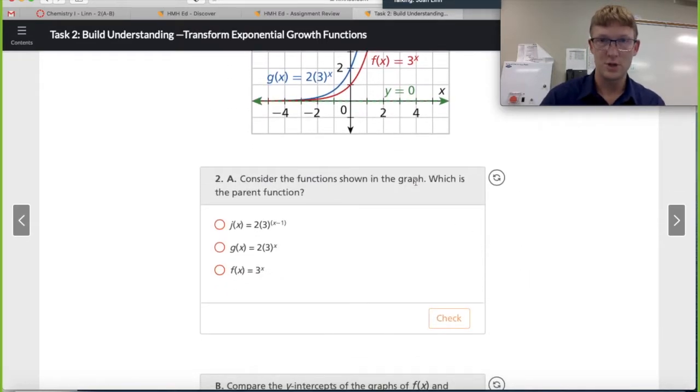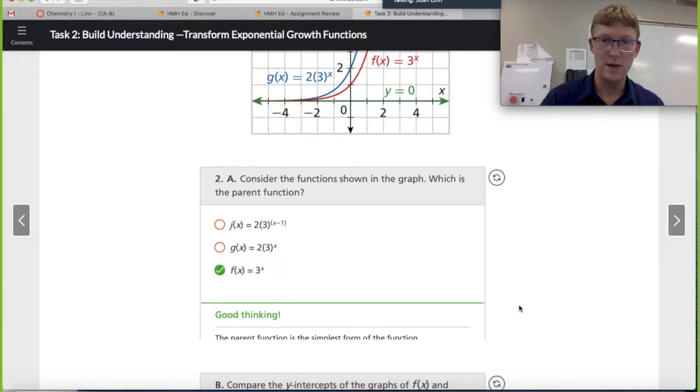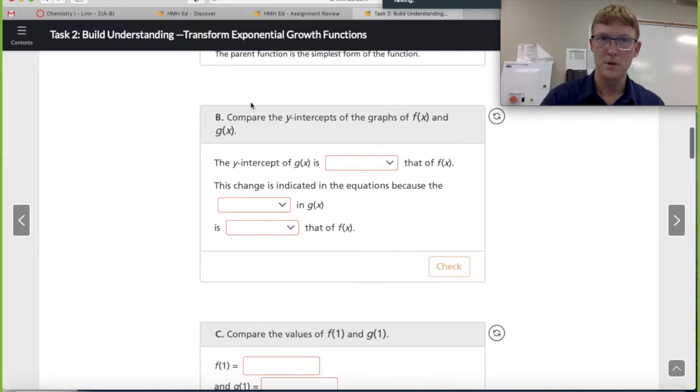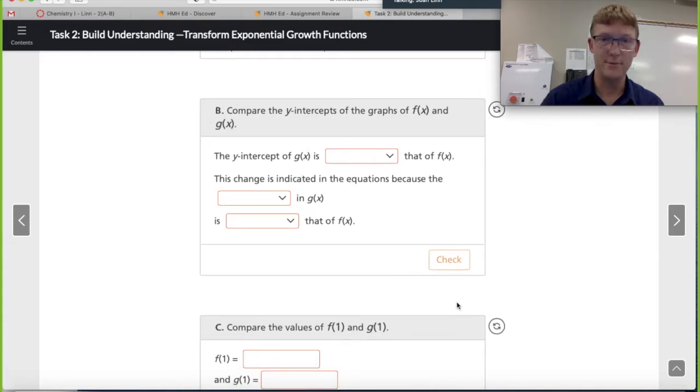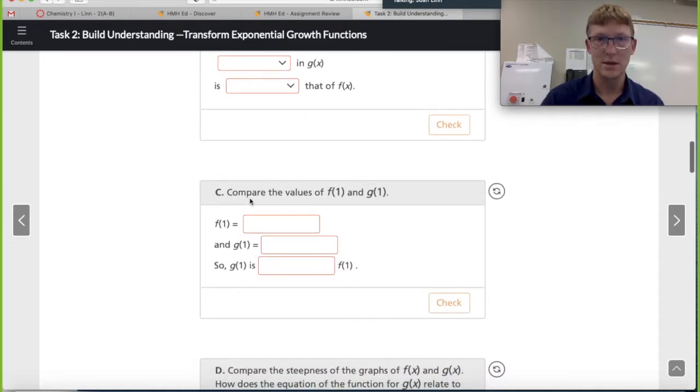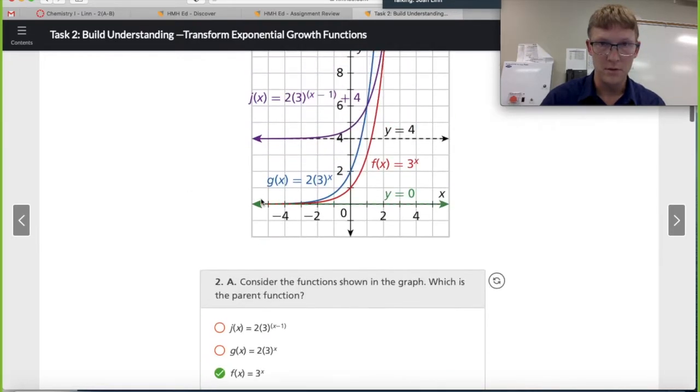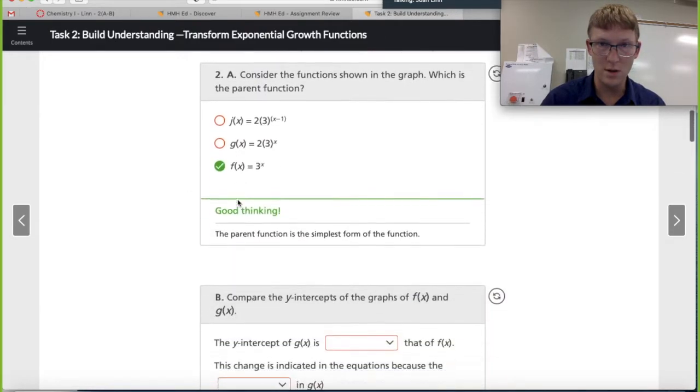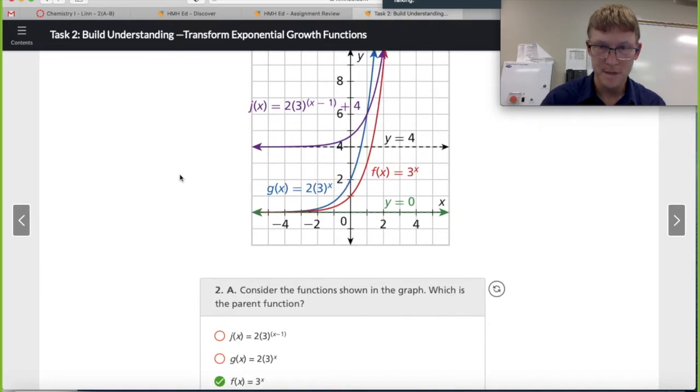So consider the function shown in the graph, which is the parent function. We talked about f of x equals 3 to the x. Compare the y-intercepts of the graph, so we did that. Compare f of 1 and g of 1, so we didn't really do that. So f of 1 is our parent function, so that's going to be 3 to the first power, which is 3.